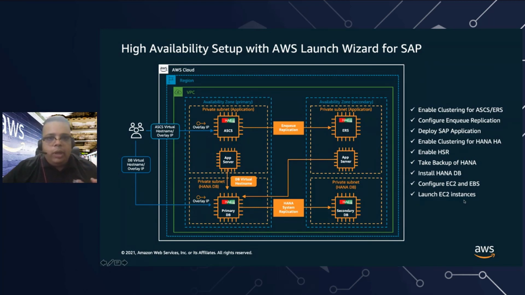We'll see how AWS Launch Wizard helps you launch the EC2 instances, configure EC2 EBS, install the HANA database, take the backup of HANA database using AWS Backint agent, enable HSR. So HANA system replication will also be enabled automatically, 100% automation. Enable clustering for HANA, enable clustering for ASCS ERS, configure the NFS replication, deploy the SAP application. So everything is taken care of by AWS Launch Wizard for SAP.